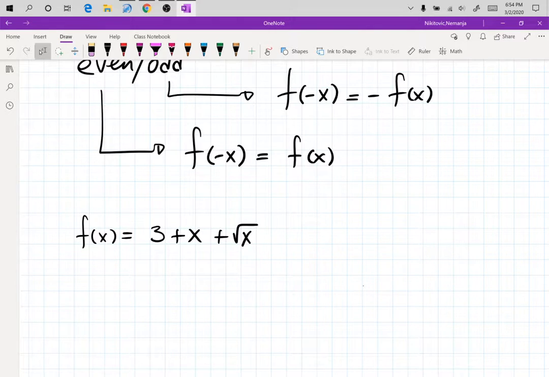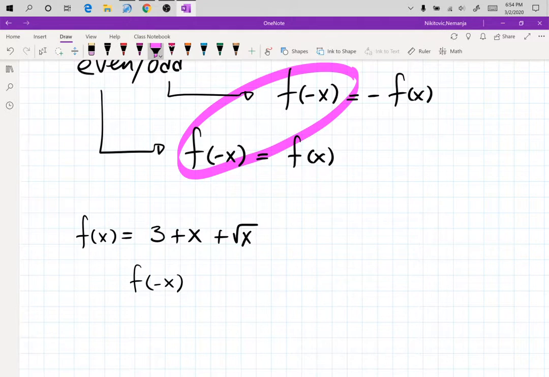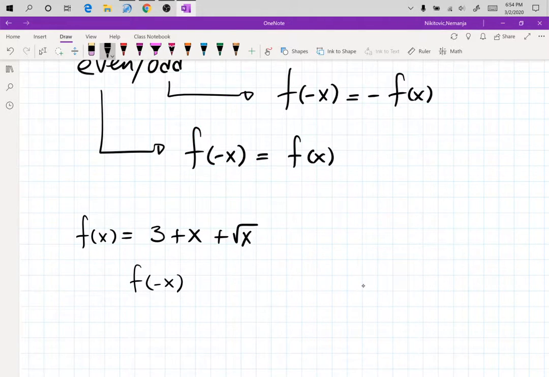So, I will first compute f of negative x. If you take a look carefully at the definition, both definitions have that piece to be computed. And that piece, if it equals any of these, then it's whatever. If it's equal to neither of those, then the function is not even, not odd. So you compute this by replacing every x with negative x.